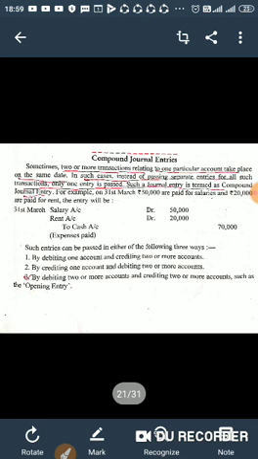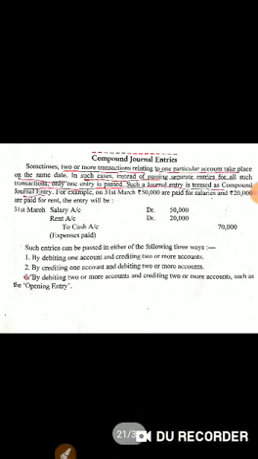Even if, suppose, salary was paid on 31st March and rent was paid on 1st April, we can't combine them because the transactions occurred on different dates. We can pass a compound journal entry only when they occurred on the same day and there is some common account between them, like in these two transactions, cash was common, right?